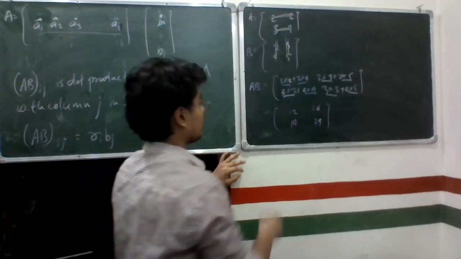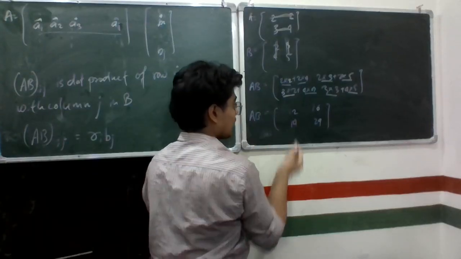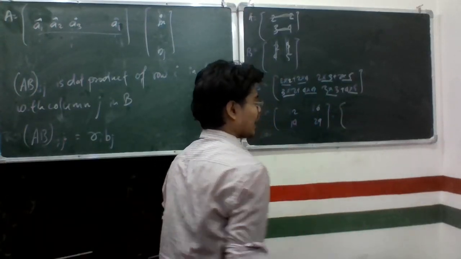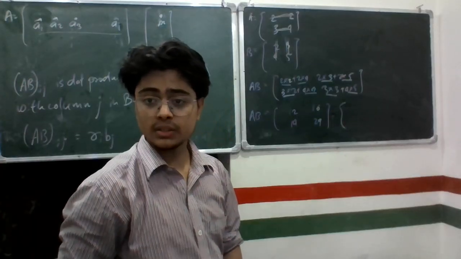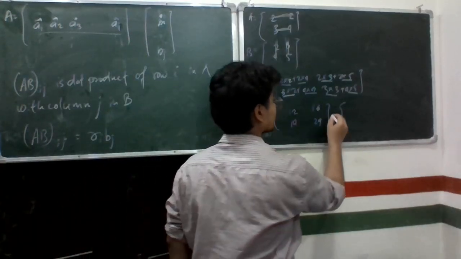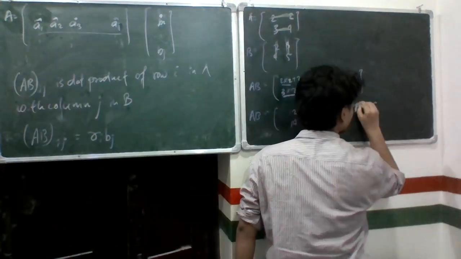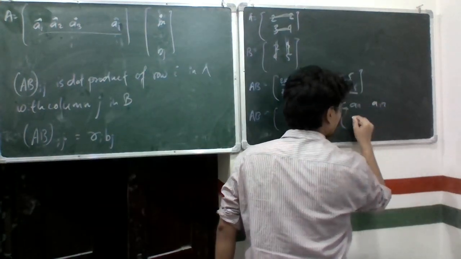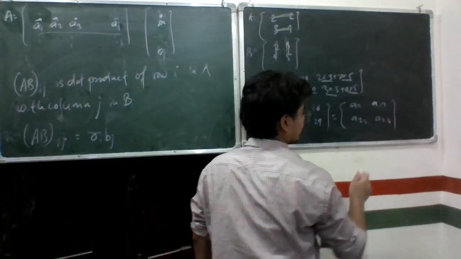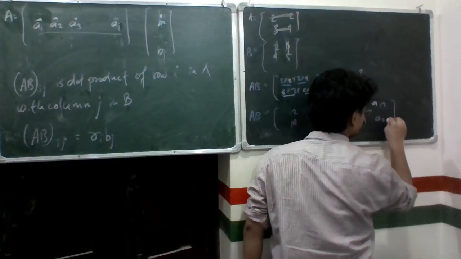Now we have AB, and if you see the notation, let's suppose the notation of each of these places be A11, A12, A21 and A22.